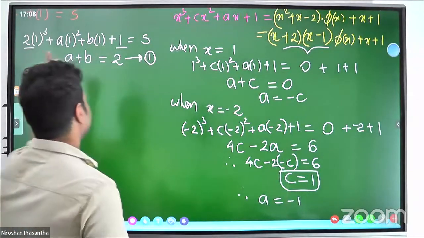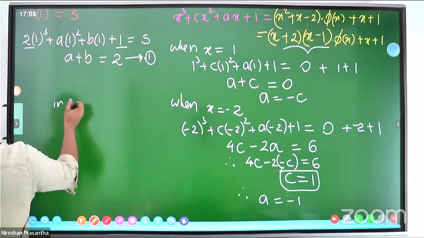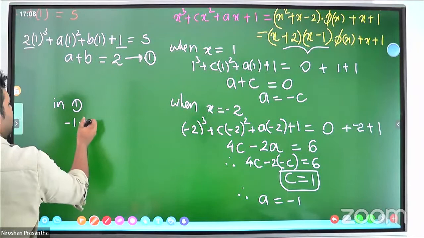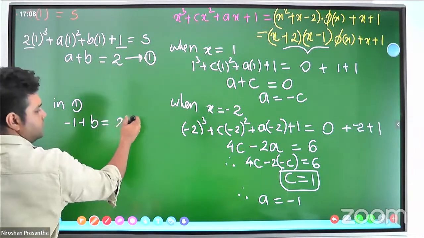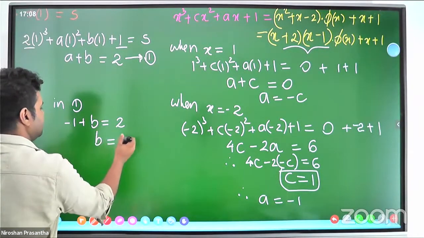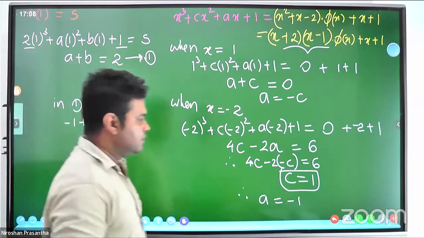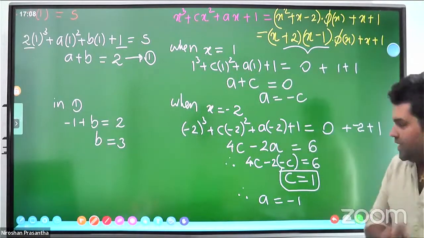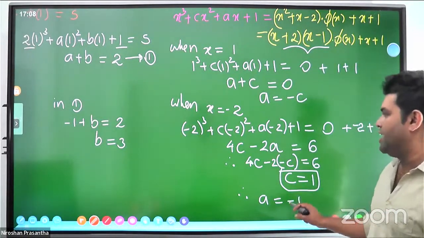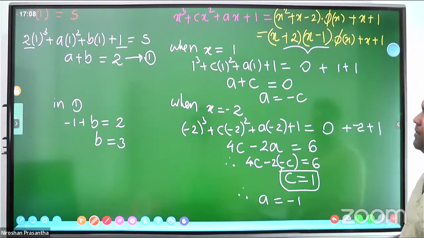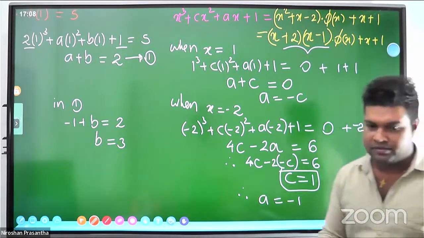If a equal minus 1, then in the equation, minus 1 plus b equal 3 gives b equal 3. A is minus 1, it starts with the negative value. A is minus 1, b is 3, and c is plus 1.